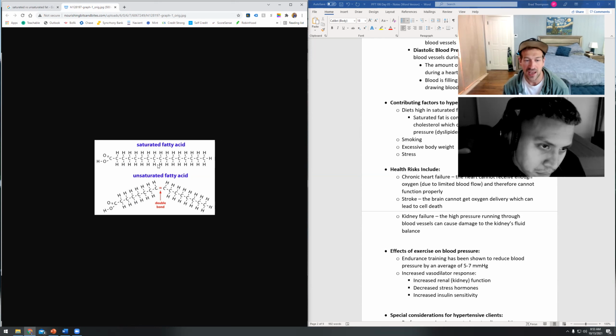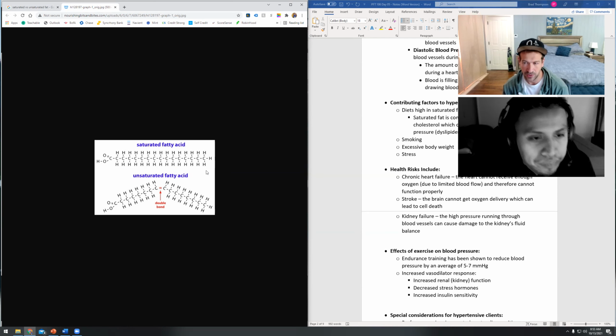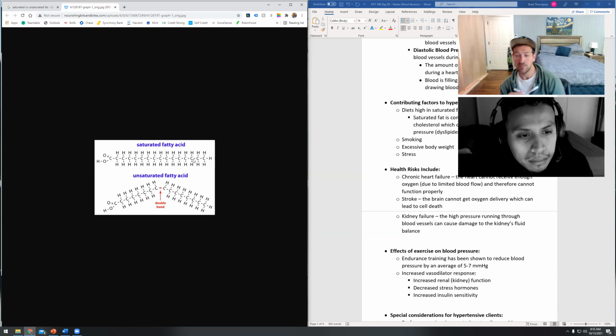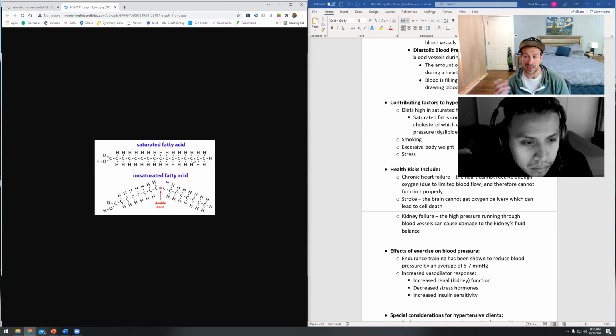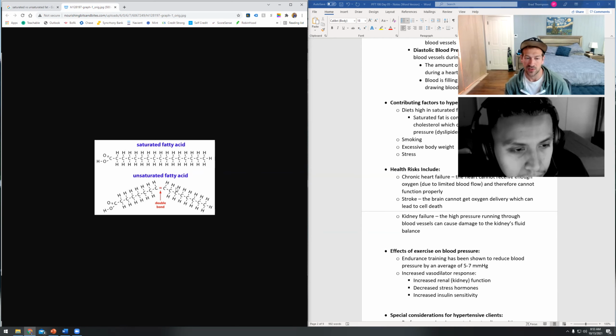Saturated fats, because they are these long straight lines, can stack really easily. If you take a bunch of molecules like that and put them near each other, they can stack into something that's relatively solid, versus this version here. If you were to stack all those molecules next to each other, they wouldn't stack very well.